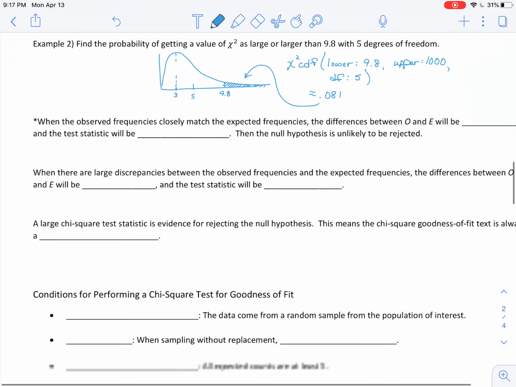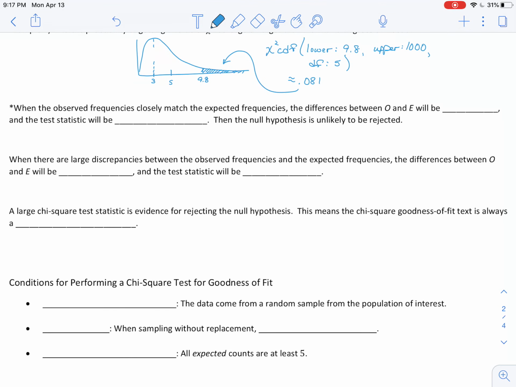It does terminate, but we would know the area under that curve is 1 minus 0.081, but we are only concerned with the area to the right. Because when your observed frequencies are really close to what you're expecting, your differences will be close to 0, which is what I was pointing out earlier. If you get a lot of numbers close to 0 and you add them up, you're going to get a small test statistic, which means a small test statistic is giving you evidence that the null hypothesis is true. Because the null hypothesis is saying that what I'm expecting is what you're going to observe.